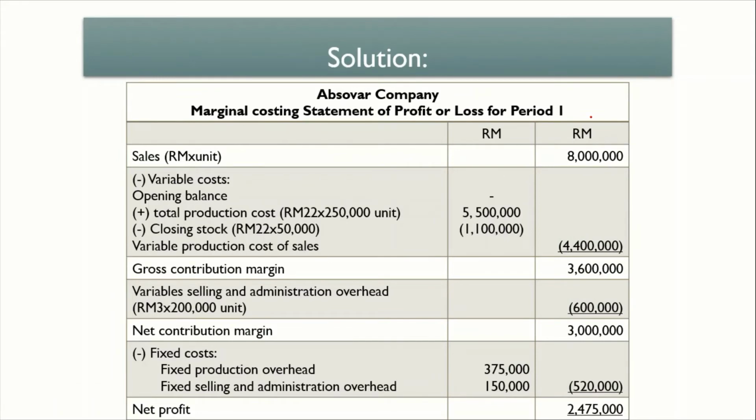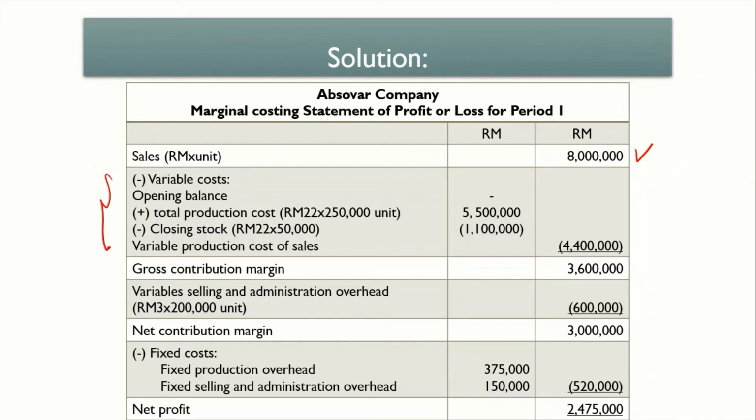So using marginal costing, you can see that the sales amount for both methods is the same because the price per unit and the units sold are the same. So the sales revenue is the same. The difference is how they calculate the production cost.